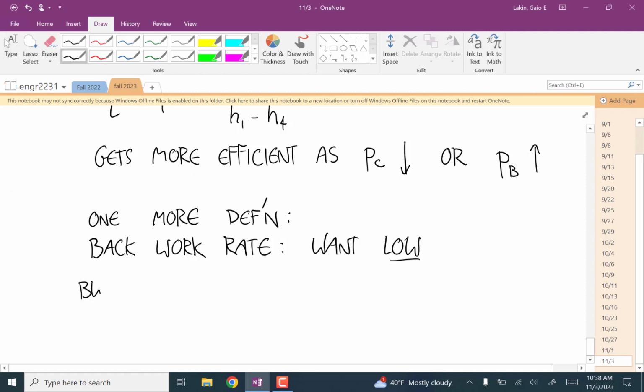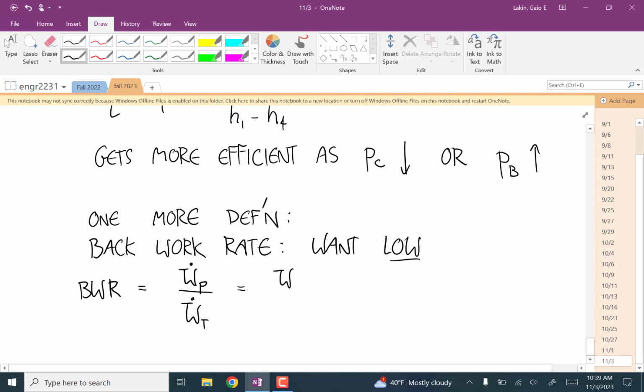The back work rate is defined as the work that you're putting into the pump divided by the work that you're getting from the turbine. It makes sense you want that to be low, right? It doesn't help you to have a really great working turbine if all of the energy you're getting from the turbine is going into pumping the fluid from a low pressure to a high pressure.